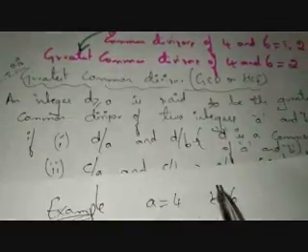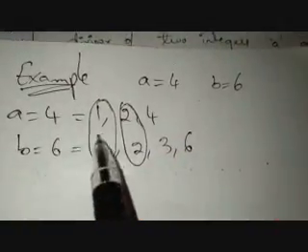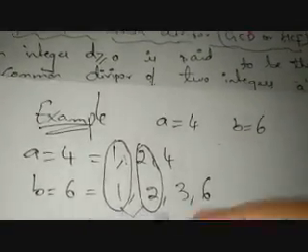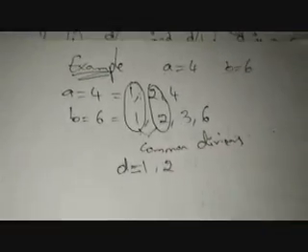The first condition is d divides a and d divides b. The same example I have taken here. These are nothing but your common divisors. So what they are telling here is d divides a and d divides b. So the d values here are 1 and 2.